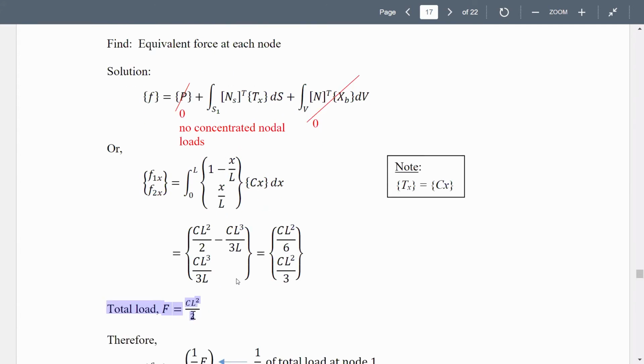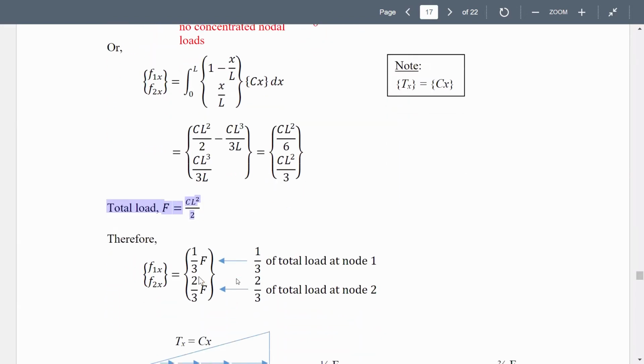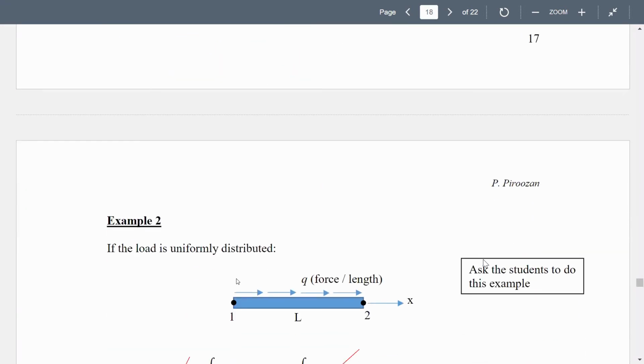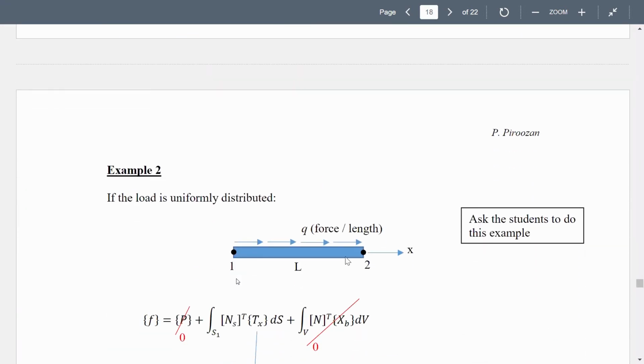We put them here, and then we saw that the equivalent is that 1/3 of the total force goes to this node, and 2/3 of the total force goes to this node. Now, similar to this problem is this one, but in this case, this is actually a simpler one. That's what I want you to be ready to solve. You have your paper and pencil ready?